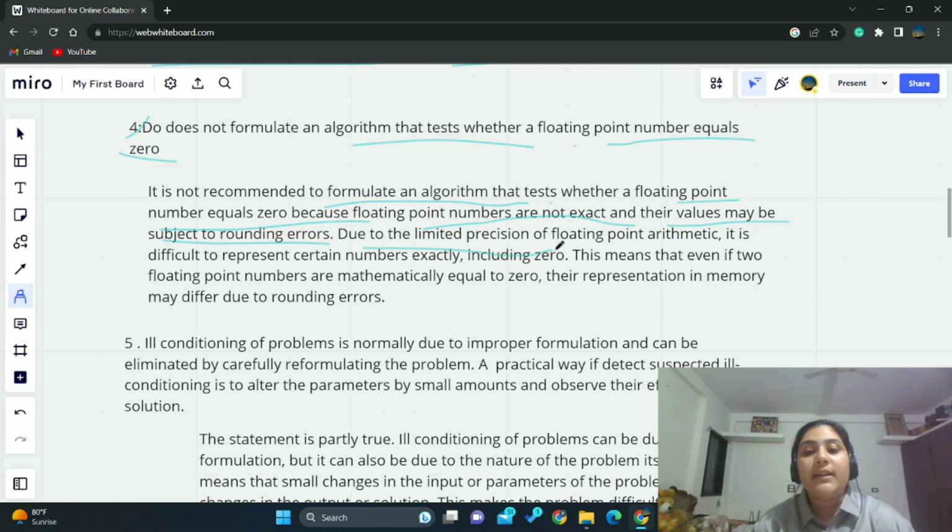Due to the limited precision of floating point arithmetic, it is difficult to represent certain numbers exactly, including 0. This means that even if two floating point numbers are arithmetically equal to 0, their representation in memory may differ due to rounding off error.